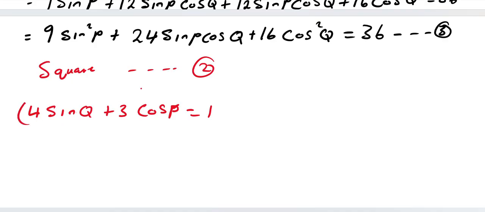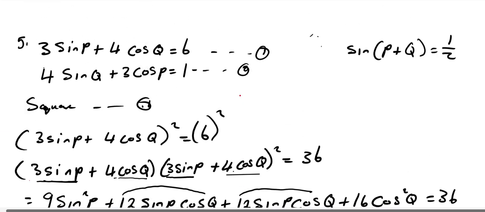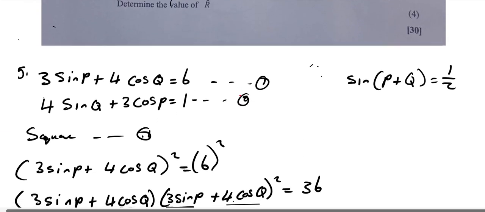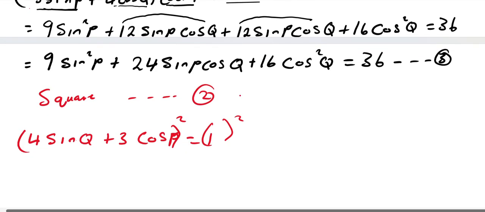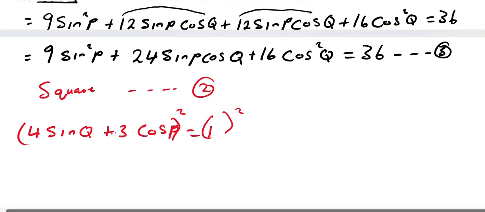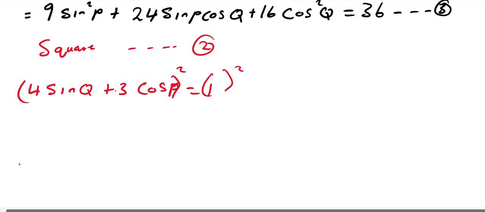I'm squaring: 4 sine q plus 3 cos p, squared, and on the right, 1 squared. Let us check whether we copied it correctly: 4 sine q, 3 cos p. That's it, guys. Sure.